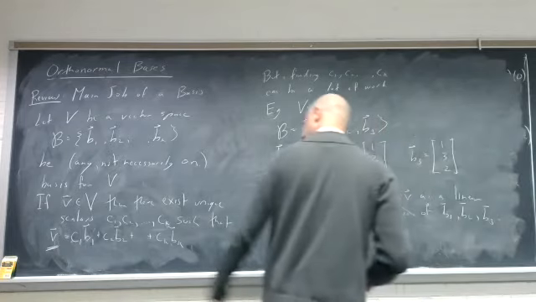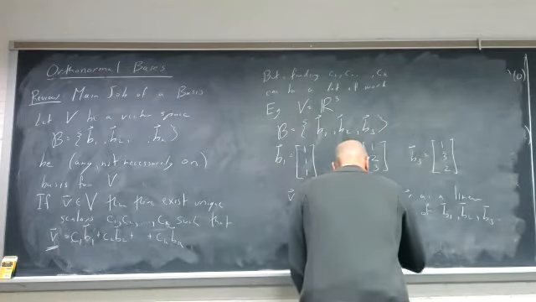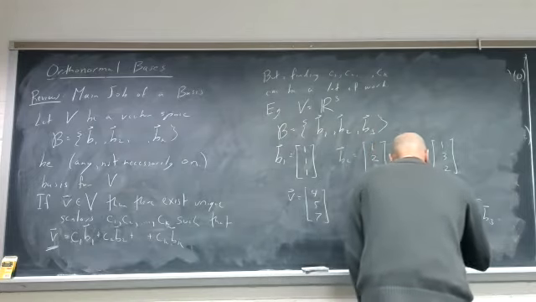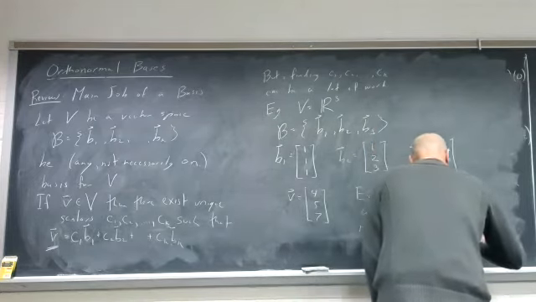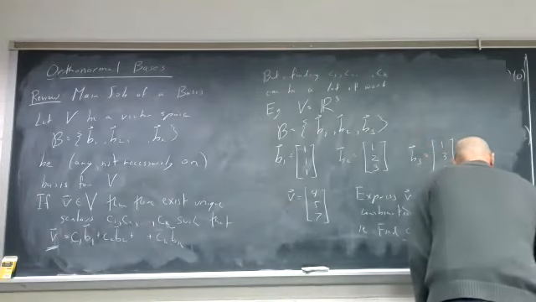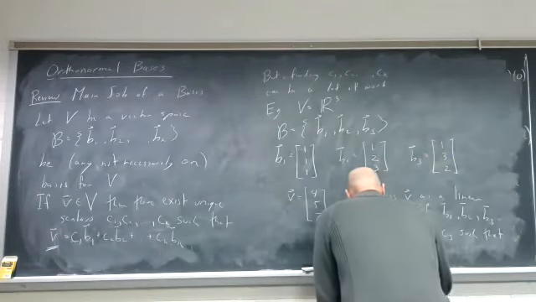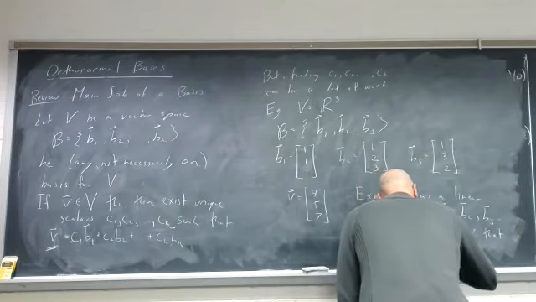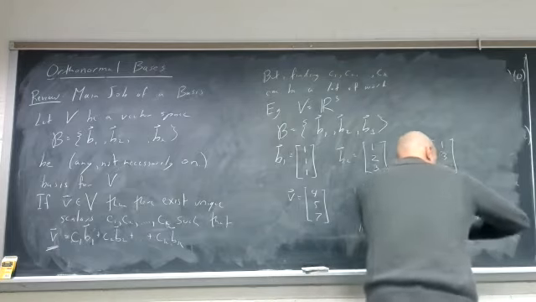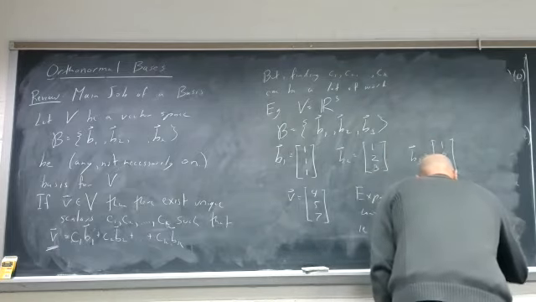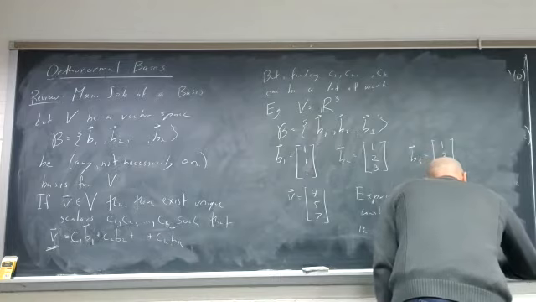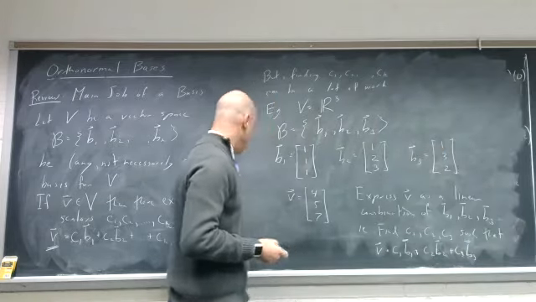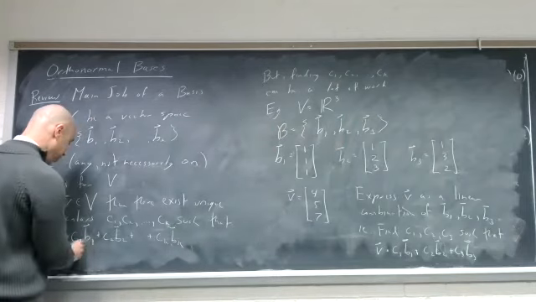In other words, find numbers C1, C2, and C3 such that V equals C1 times B1 plus C2 times B2 plus C3 times B3. Find those numbers. Find these coefficients that go in front of the basis vectors.